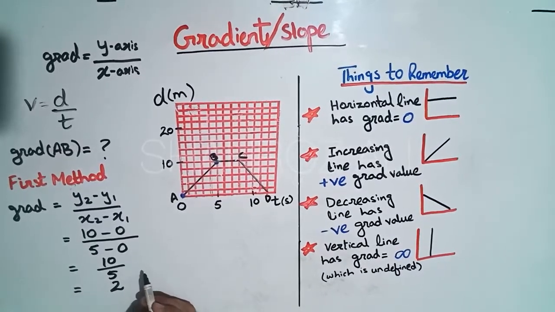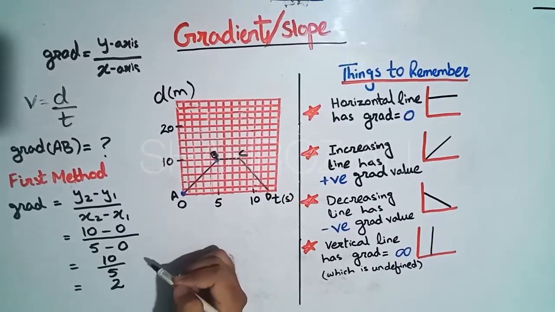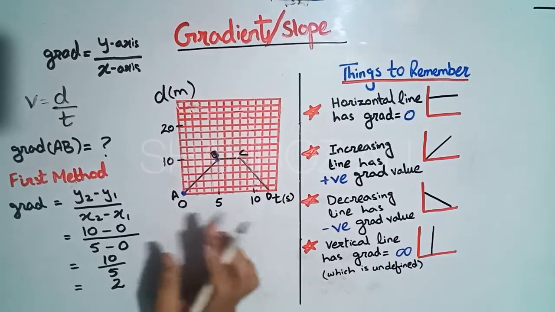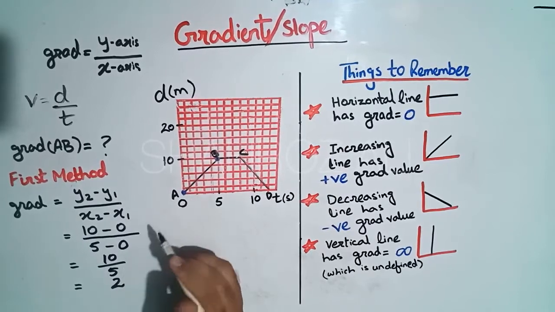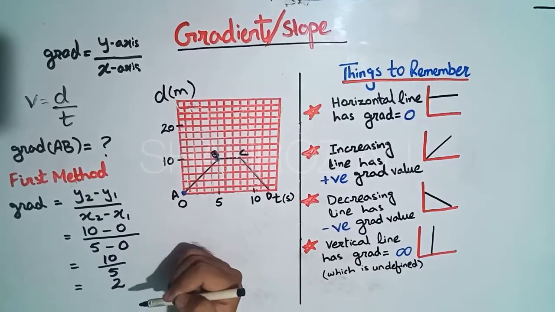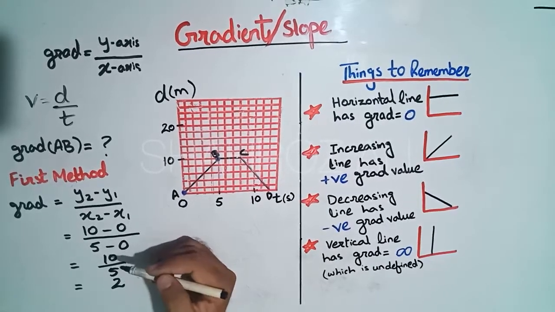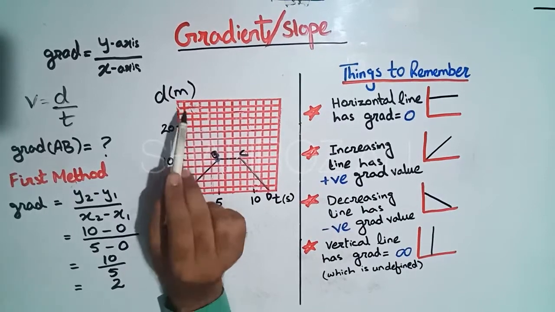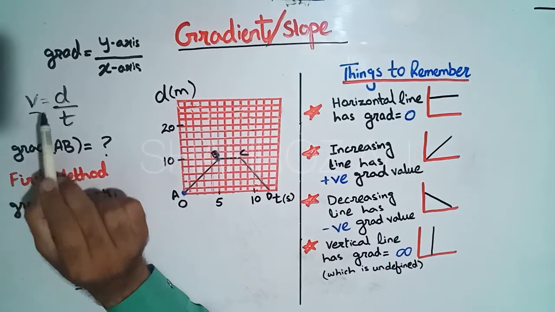Now we have to write the unit of the gradient, because on the x and y axes we have two different values, so it is telling us the rate. If you know the concept of ratio and rate, it is not just a ratio, it is a rate. It gives you two different units, meter and second, because it is the velocity, the speed.